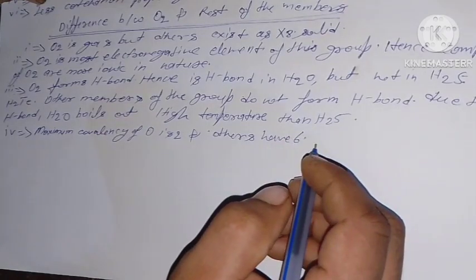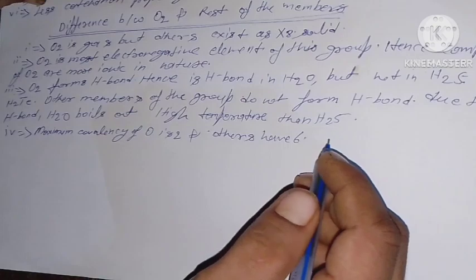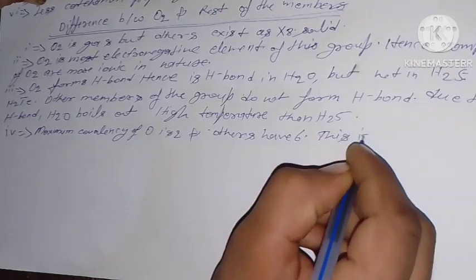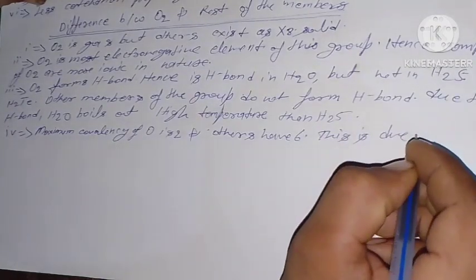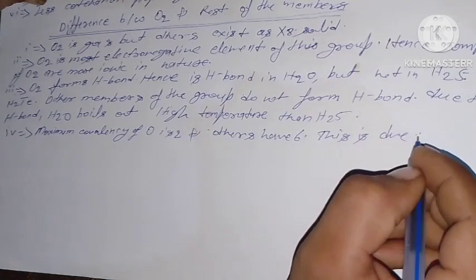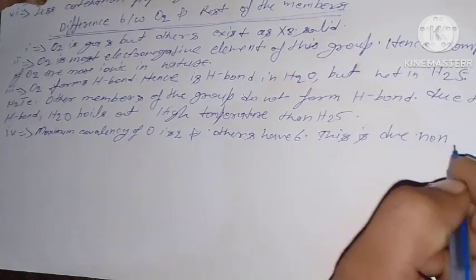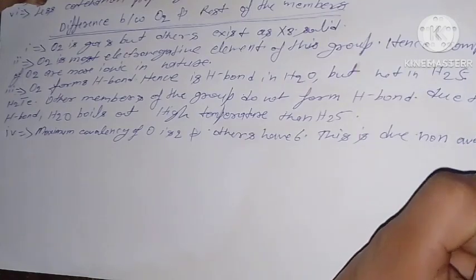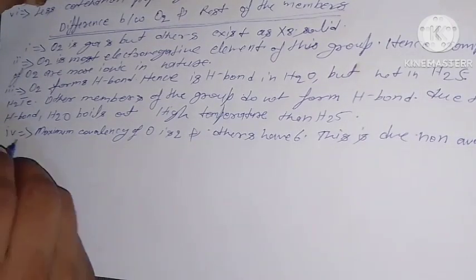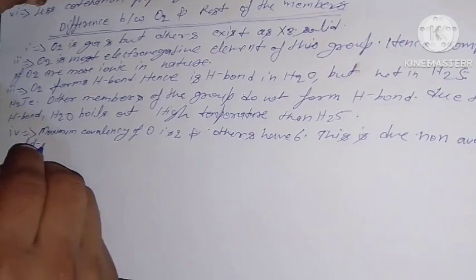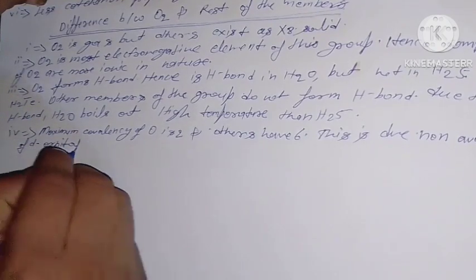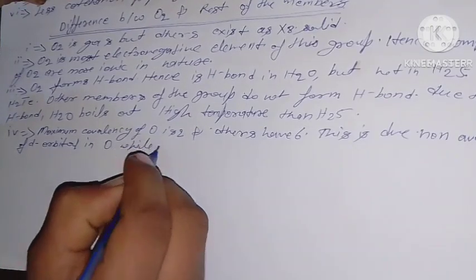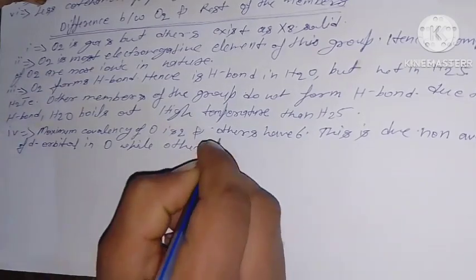Okay, this is due to non-availability of d orbital in oxygen, while others have.